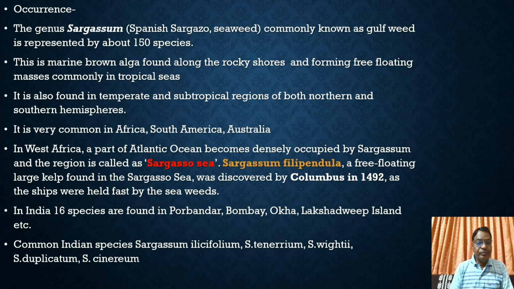In India, 16 species of Sargassum are commonly found in coastal regions such as Porbandar, Bombay, Oka, Lakshadweep Island, and so on.